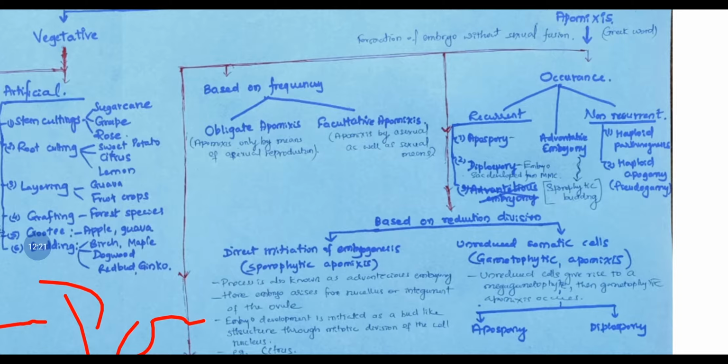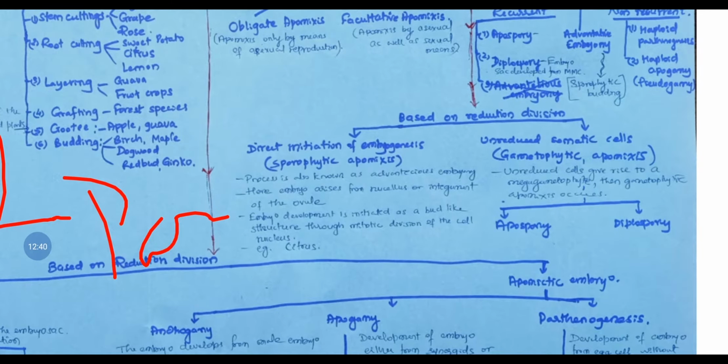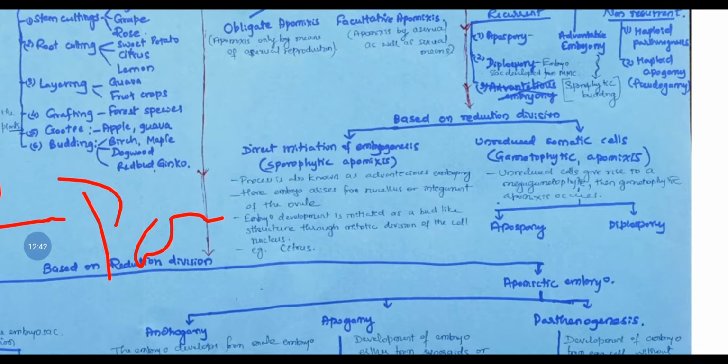Then the third kind of classification is based on the reduction division. This is classified as direct initiation of embryo sac and unreduced somatic cells. Direct initiation of embryo sac is also called sporophytic apomixis. I shall tell you some points regarding direct initiation of embryo sac.